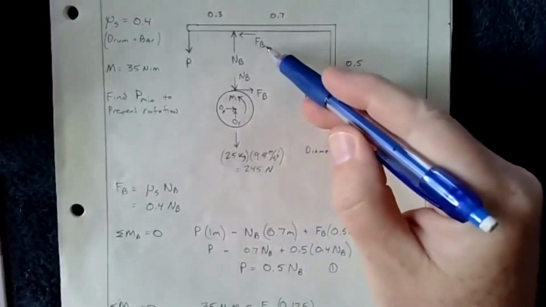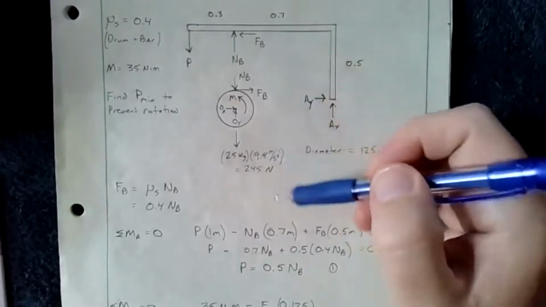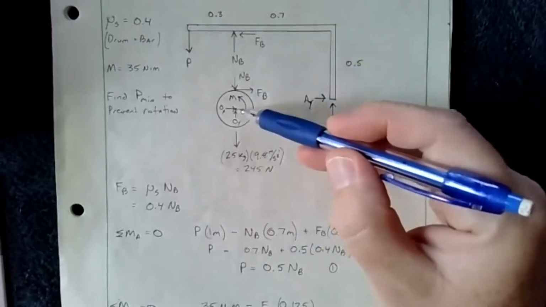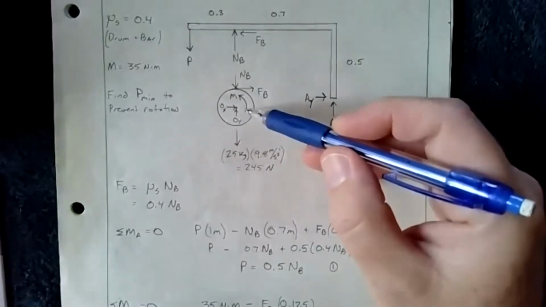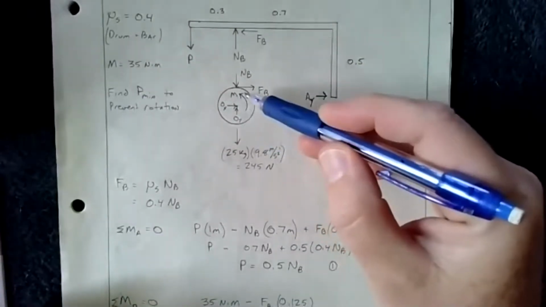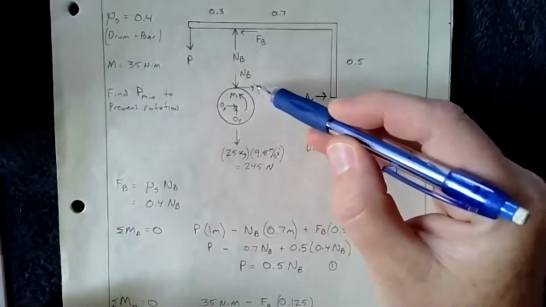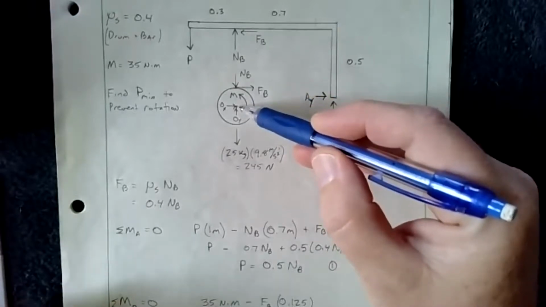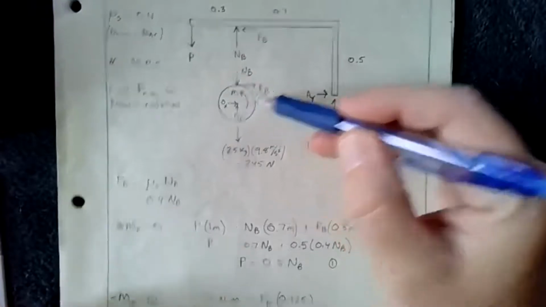Now we need to figure out what FB is. We have no way to do that from just summing moments about A. But if we go back to this one, knowing this torque, we can then determine what force of friction is going to be required to essentially nullify that torque.